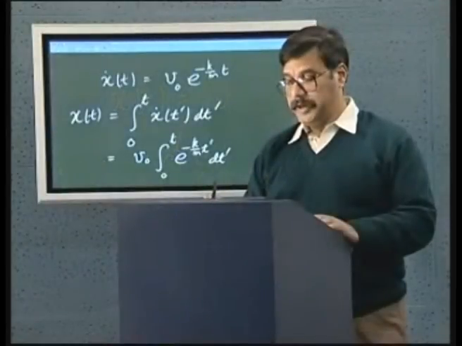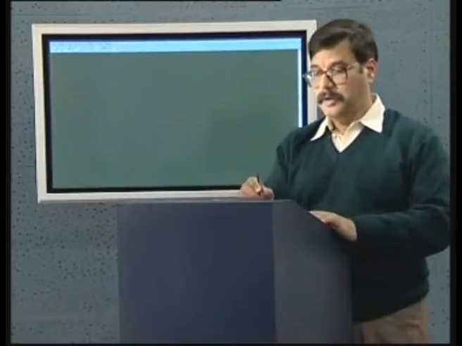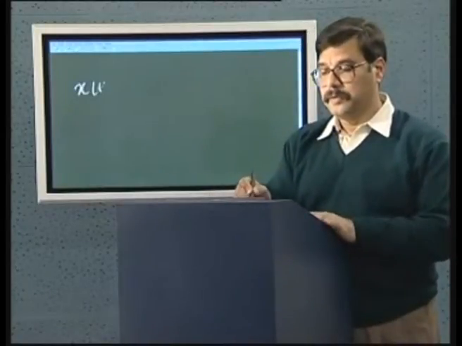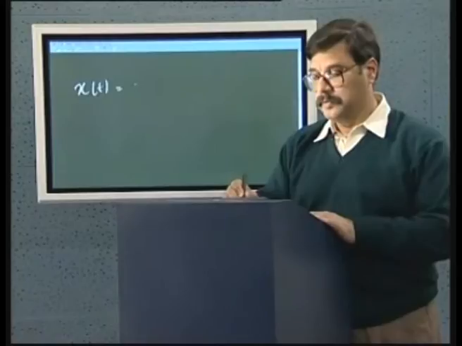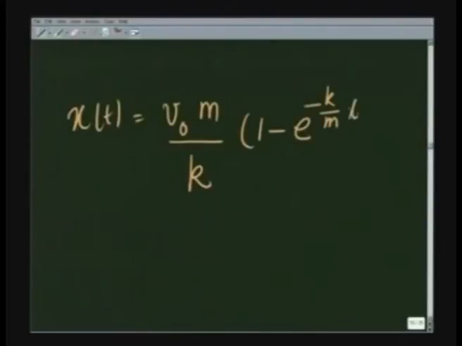After integration I get x(t) equal to v0 m over k times 1 minus e raised to minus k over m t.